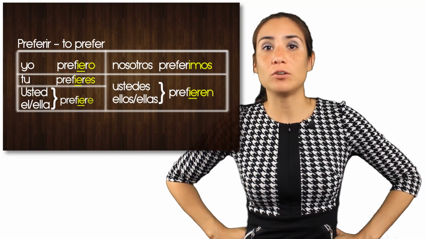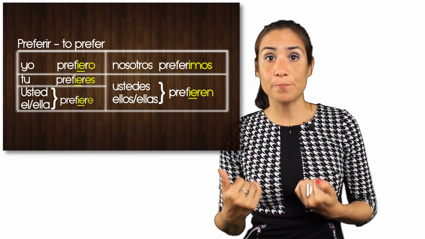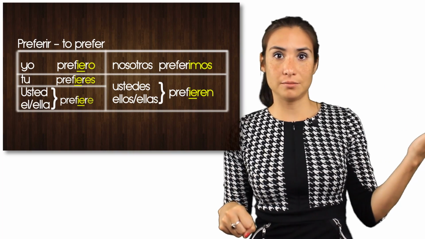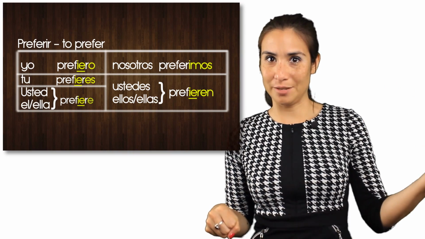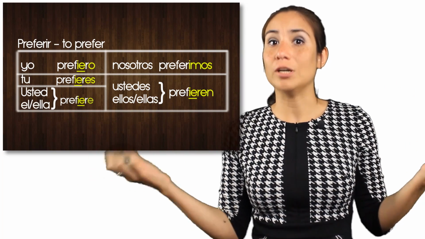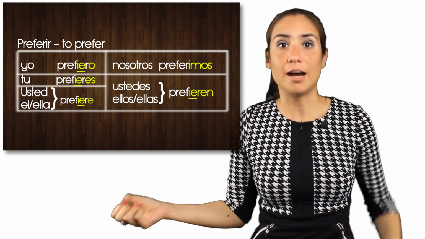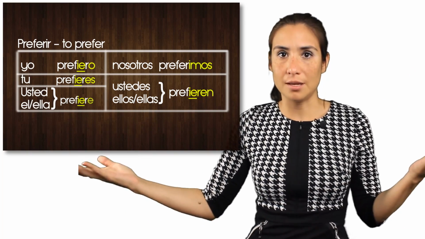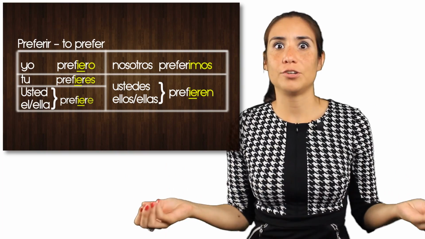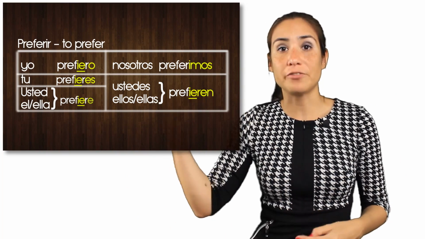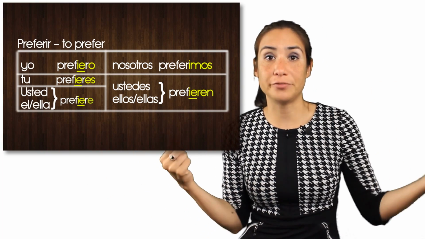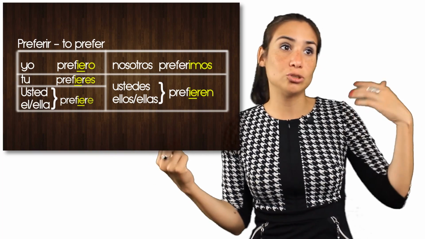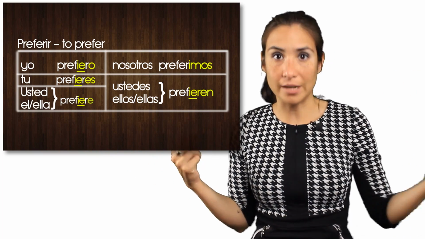Or, for example, you can also say, yo prefiero dormir, to sleep, I prefer to sleep, dormir temprano. Temprano means early. I prefer to sleep early. But this is how you can gather different contexts. So it's preferir plus verb in infinitive. I prefer to eat, right?